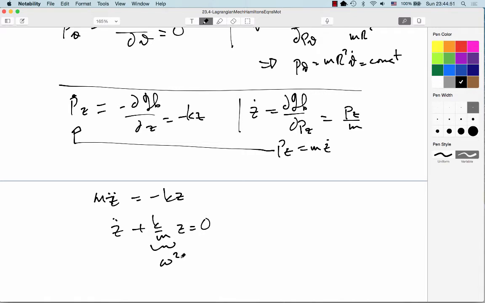We identify that as our omega squared, and that's just as before. So I guess it's a matter of taste, but basically we just end up rediscovering what our momenta were anyway, and substituting it back into the other thing to get our second order differential equation that the Lagrangian equations gave us.